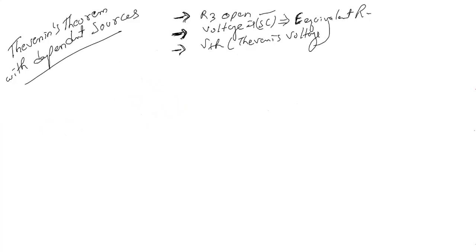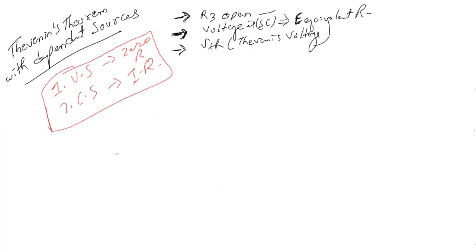So a few things I have told: your first point, a voltage source has zero resistance, and a current source has infinite resistance, right? So we do short circuit and open circuit. Third is your dependent sources.